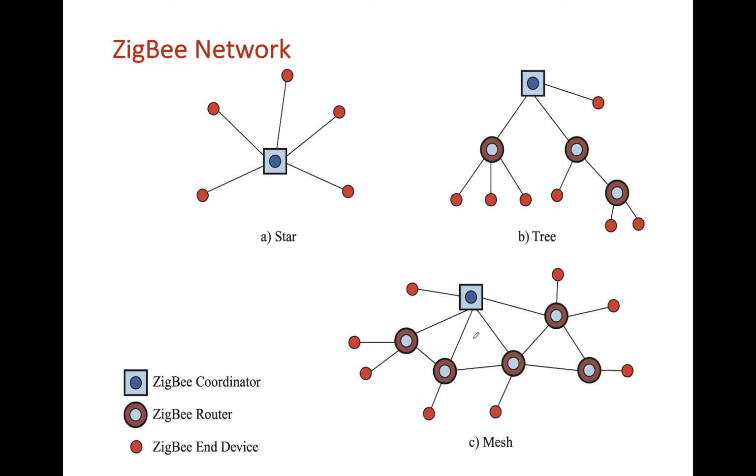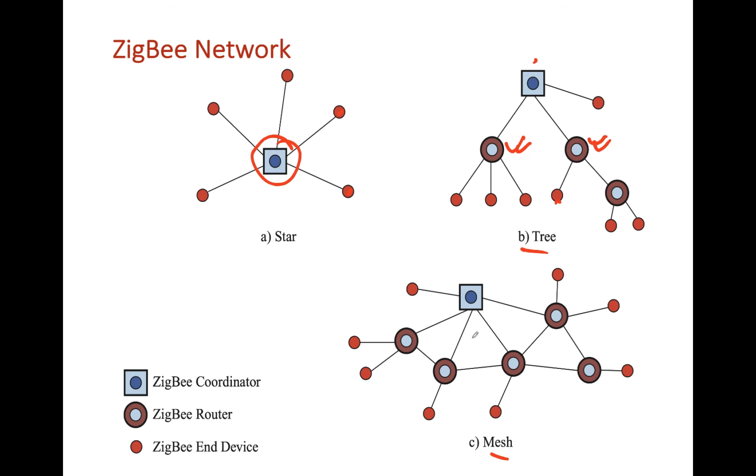So these are examples of the different topologies that ZigBee can support. This is the star topology. These are the ZigBee end devices. You have the ZigBee coordinator here. You can have tree and mesh topologies. In the case of tree, you can see that you need some routers intermediate between the coordinator and the end devices.